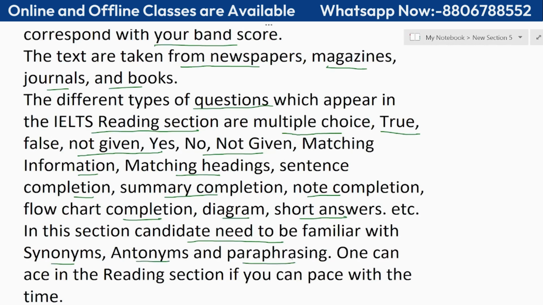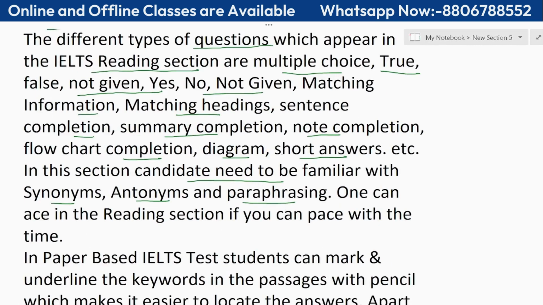So if you are aware of these, then acing the reading section can be easier. Thus, one can ace the reading section if you can keep pace with the time.